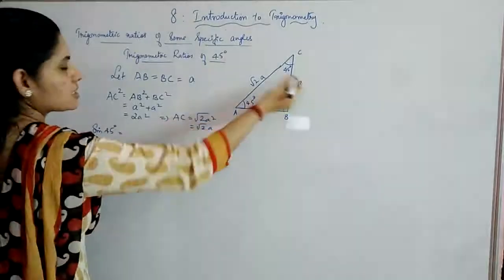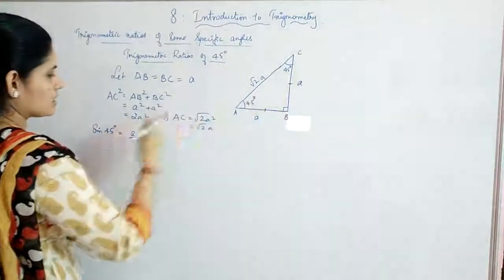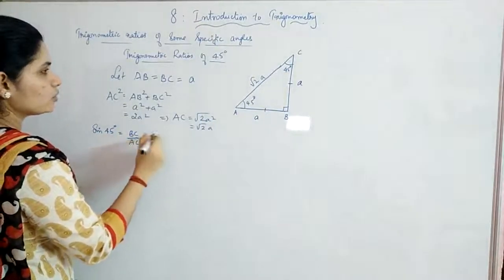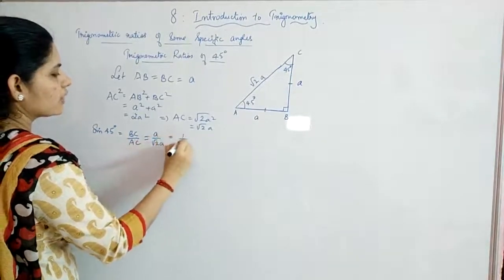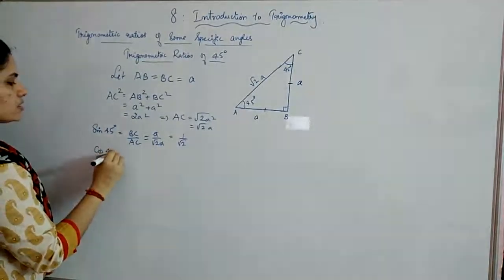So what you are getting is BC by AC, which will give you A by root 2 A, which gives 1 by root 2. A gets cancelled.